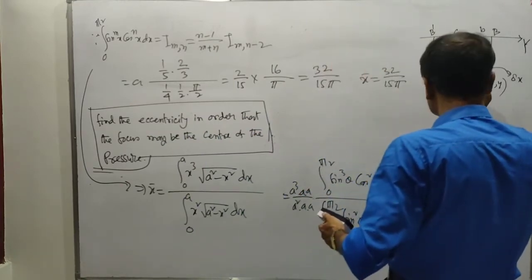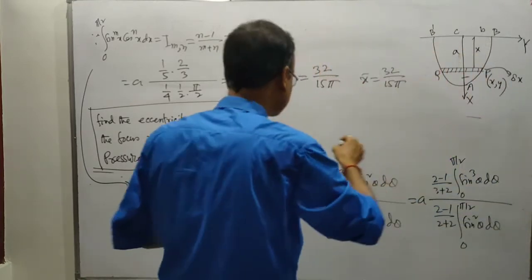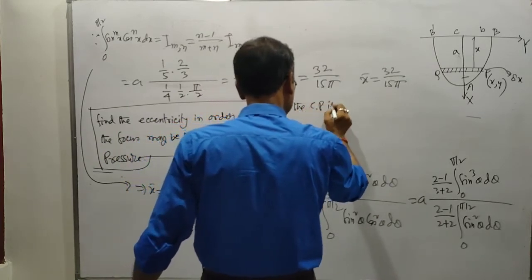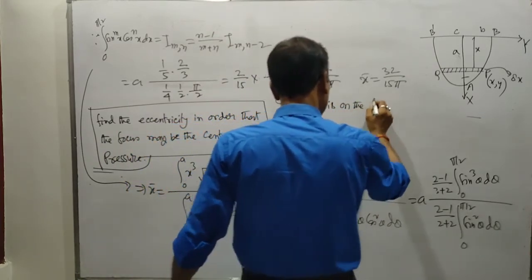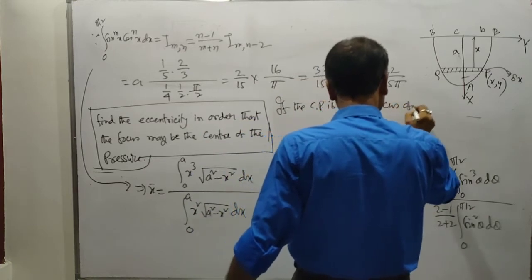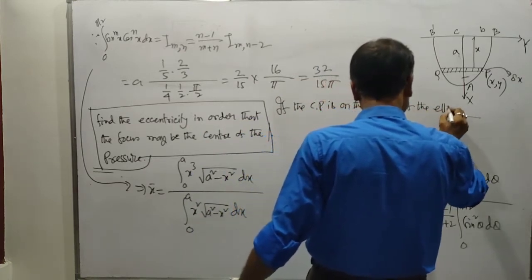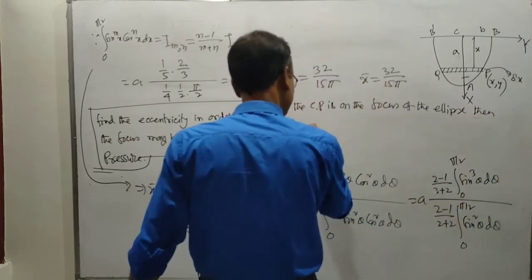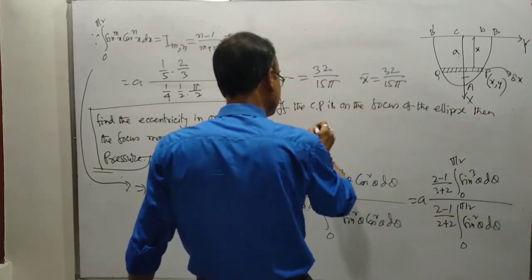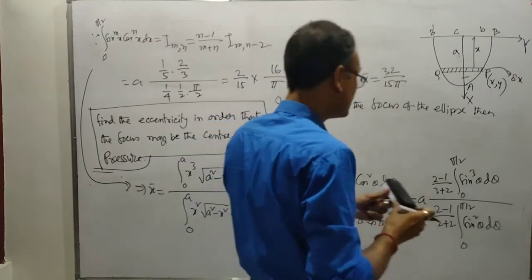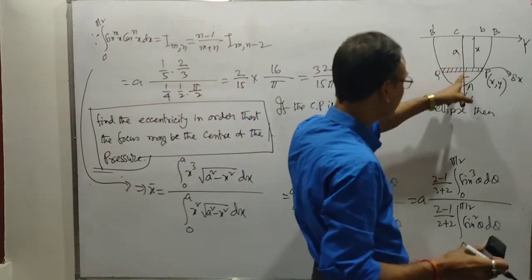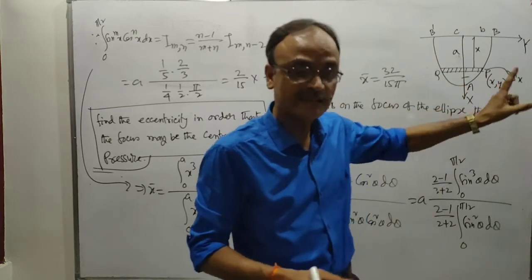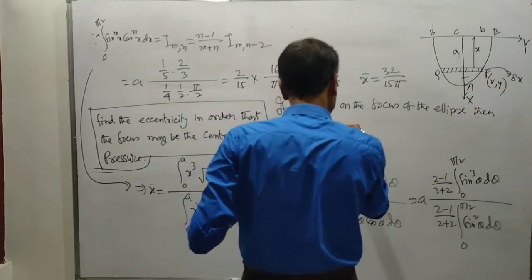If the center of pressure is on the focus of the ellipse, then this x bar will be equal to the distance of the focus from the center, which is a into e.